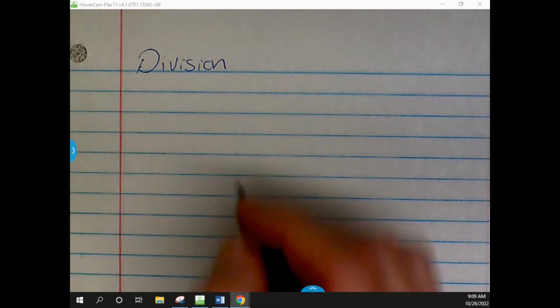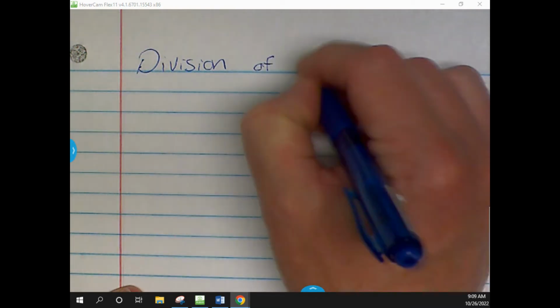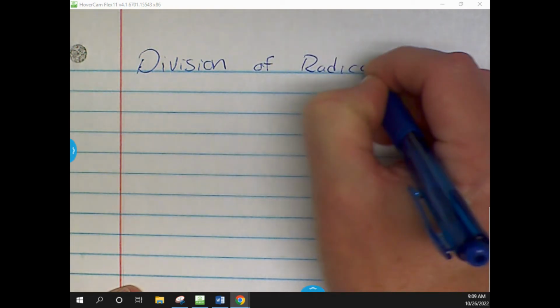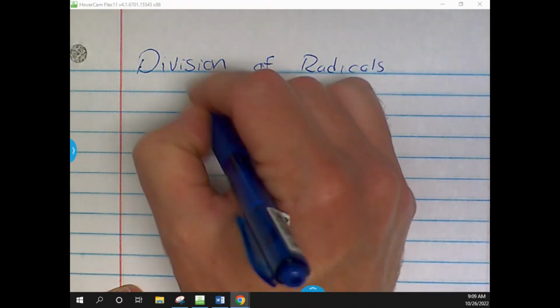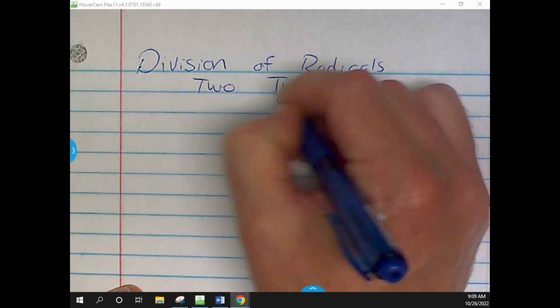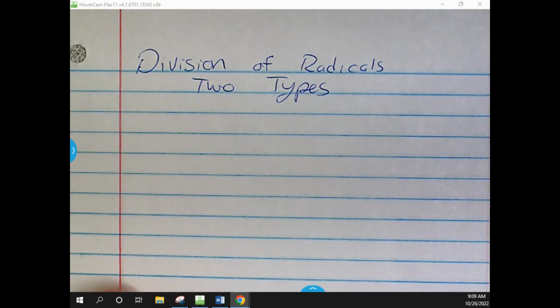Okay, and with division, still all in the same section, still just basically all operations here. So with division, there's a couple of different ways you can go about division. And really, there's two types of division.